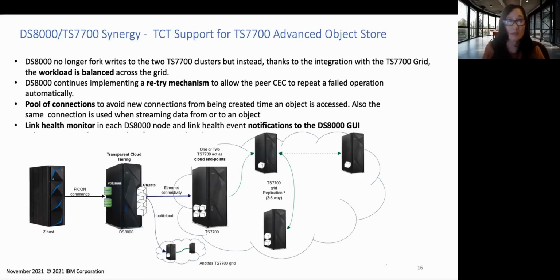On the DS8000 side, the DS8000 and TS7700 teams work side by side. In fact, we're in the same building in Tucson, Arizona. And actually the DFSMS team is in the same building as well. It takes me 30 seconds to walk over to their side of the building, and DS8000 is on the other side, which takes me 2 minutes to get there.